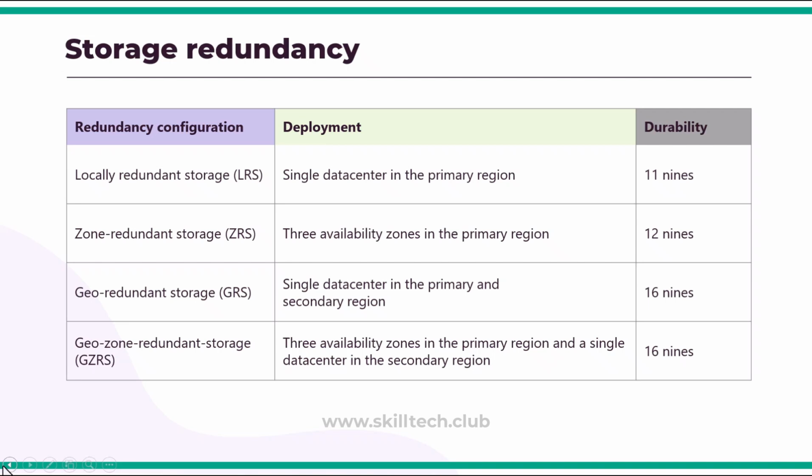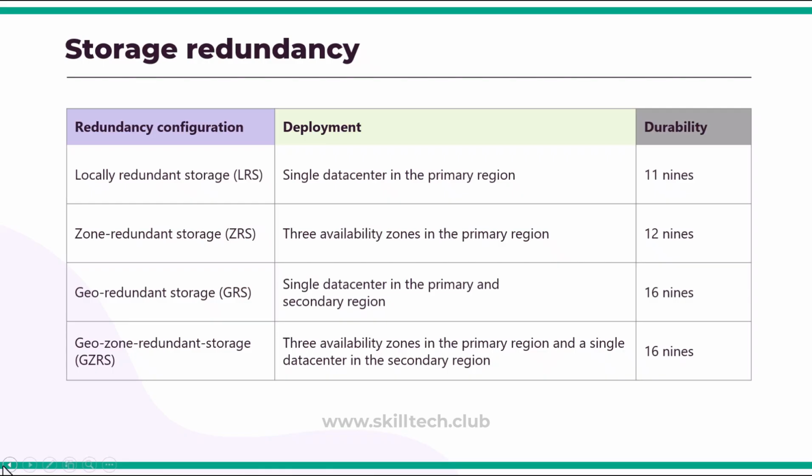If I go for LRS, which is locally redundant storage, it is going to keep 3 copies of my data within a single data center. These 3 copies are going to be useful for me if one of the copies is not accessible because of some issue like a disk failure or a rack failure. When this kind of thing happens, the other copies in the same data center will be useful so that I can access the data.